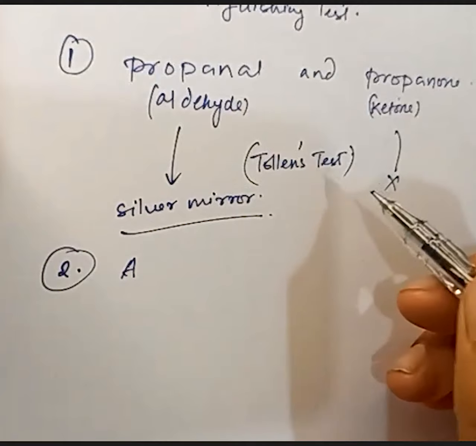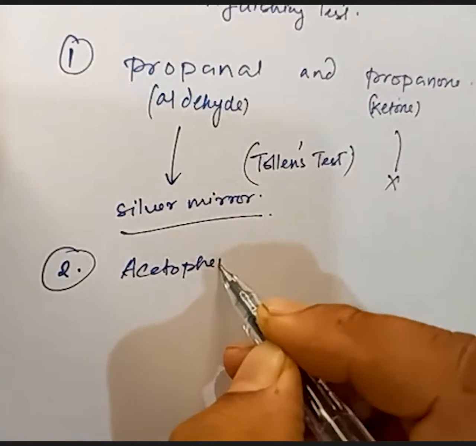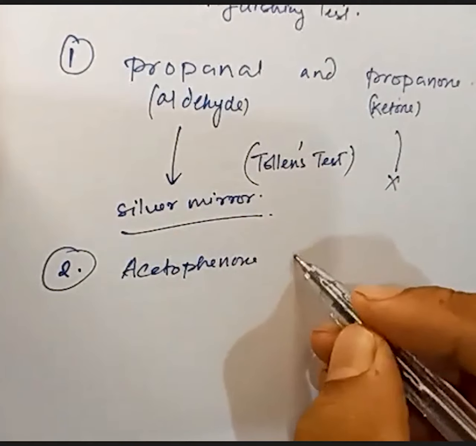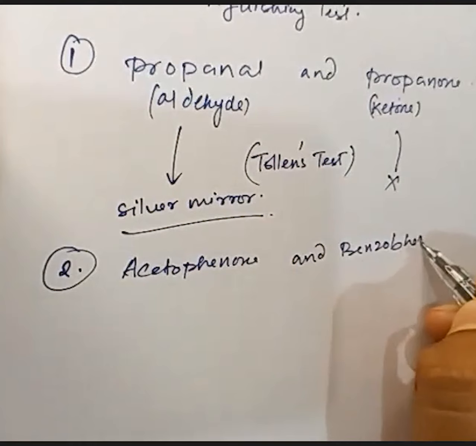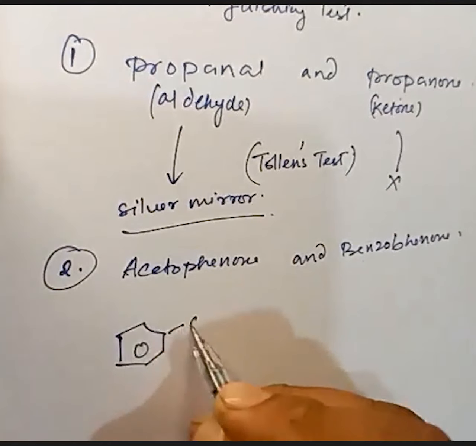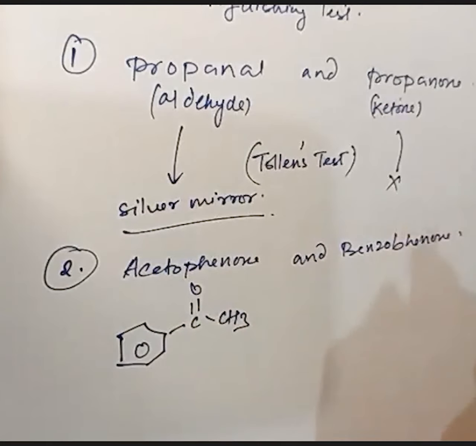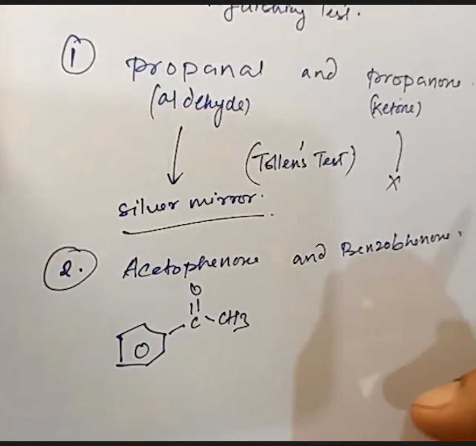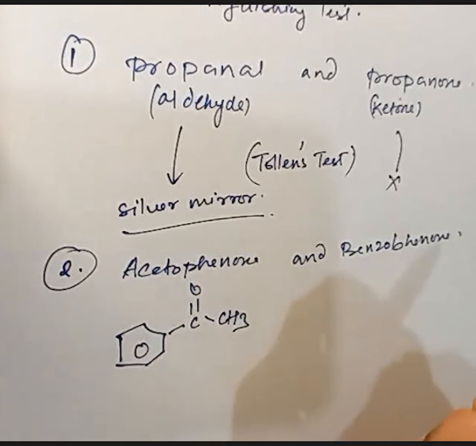Already, I mean, what is it? Acetophenone and benzophenone. Okay, acetophenone means you will have benzene, C double bond O CH3. See, many of you, if you are unable to figure out which is the figure exactly, just type the name in Google, you will understand which kind of figure it is.